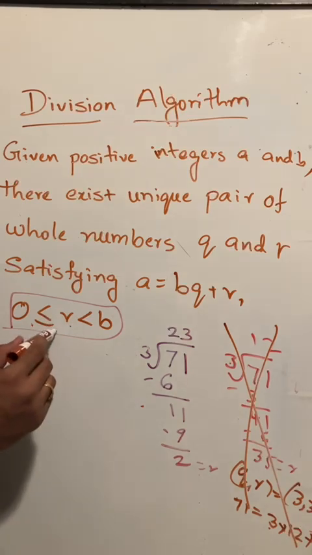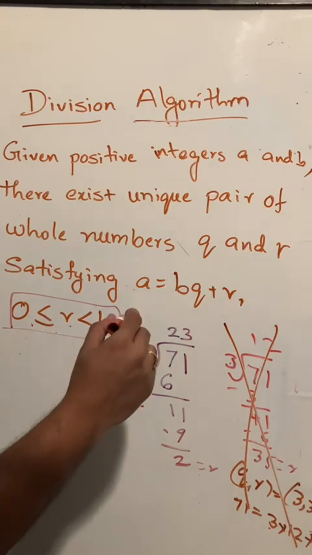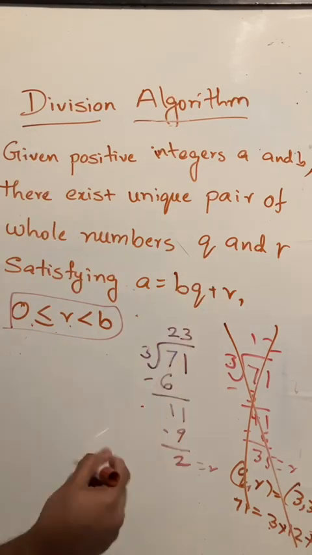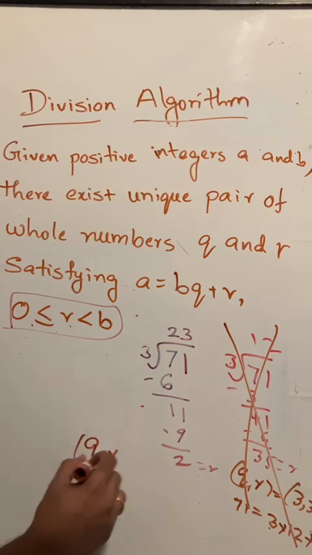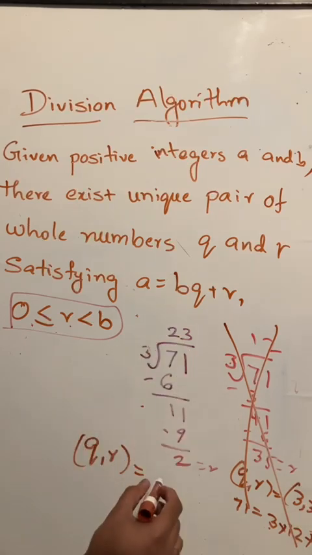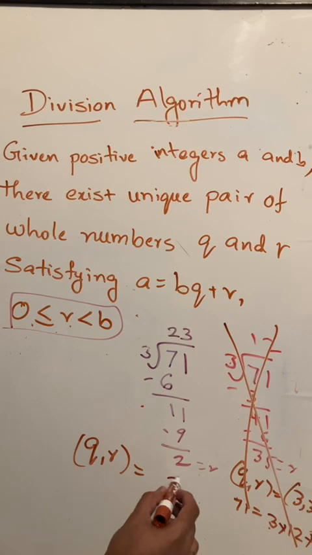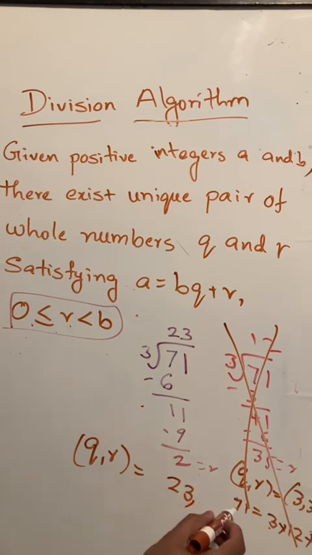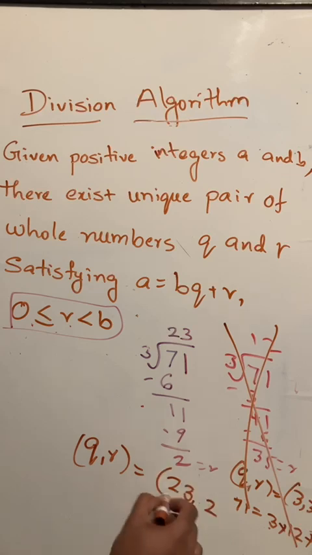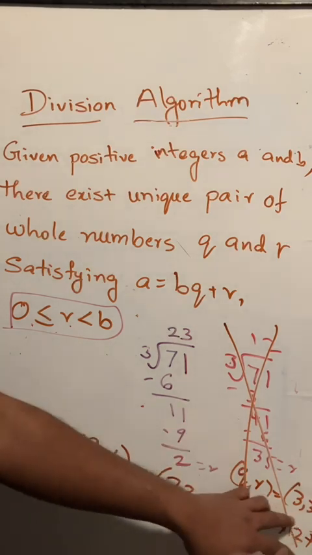So to satisfy this condition, there will be only one pair. What is the q and r? Sorry, here I wrote wrong.